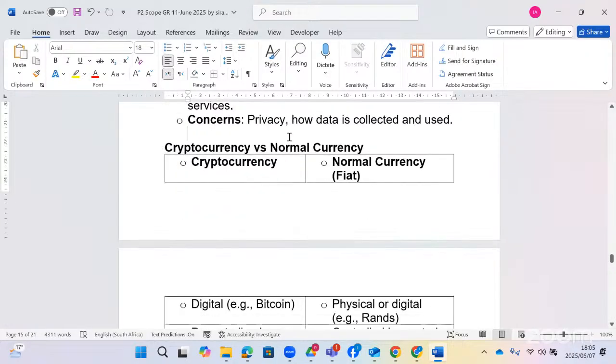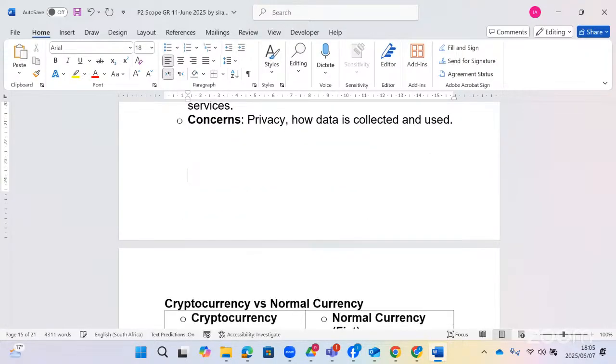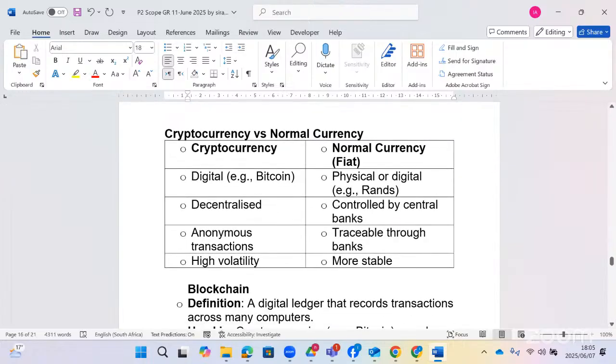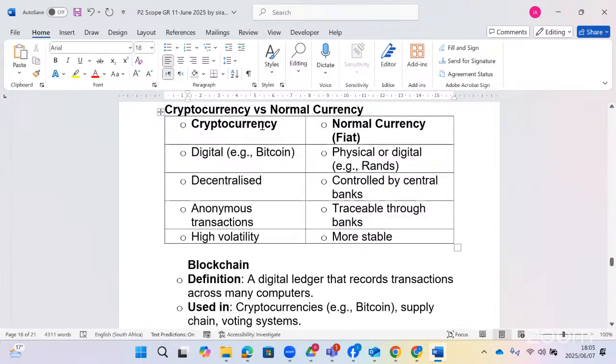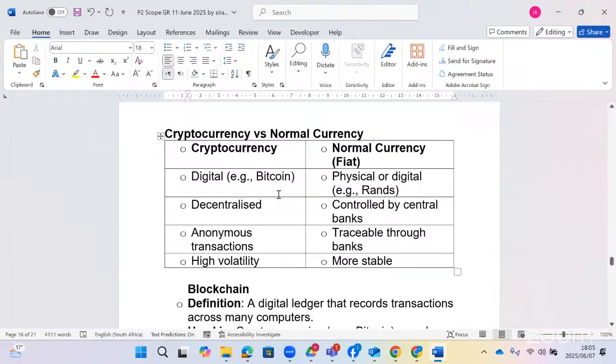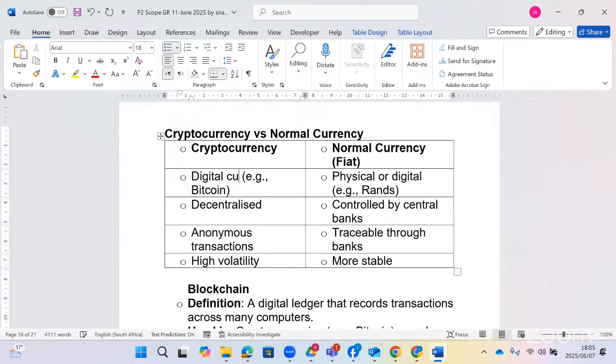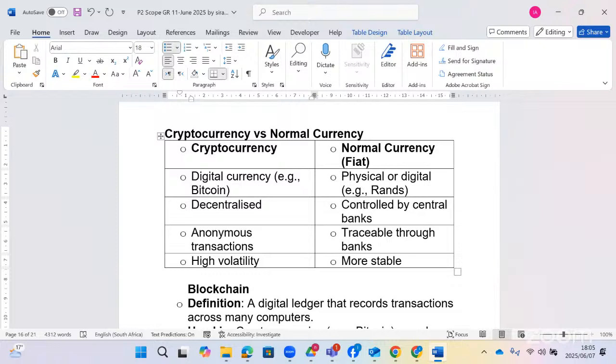Then we go to cryptocurrency and the normal currency. Remember, it's part of the grade 11 concepts for term 2. Cryptocurrency is digital currency. We call it digital currency. That's the definition. An example is Bitcoin.